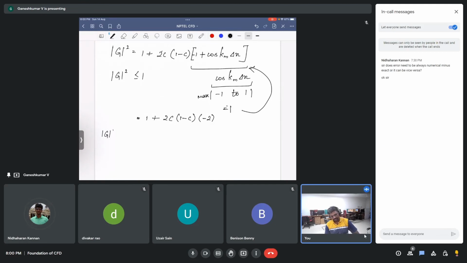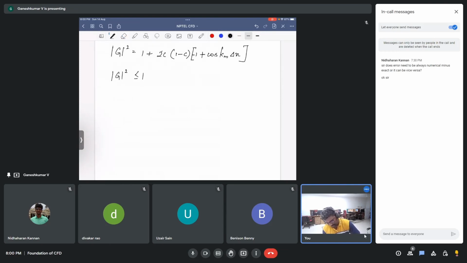This g square should be less than or equal to 1. What are the possible ways that it can go above 1? It can go above 1 only if these terms are above 1. So let me simplify even further. If this is the modulus of g square, and it has to be less than 1, this term, let me remove these things, a little bit confusing, I feel.